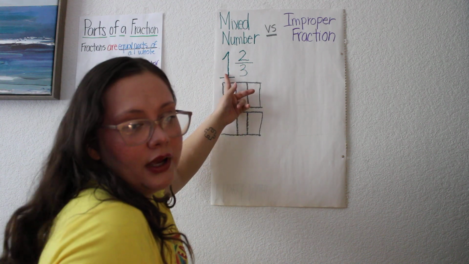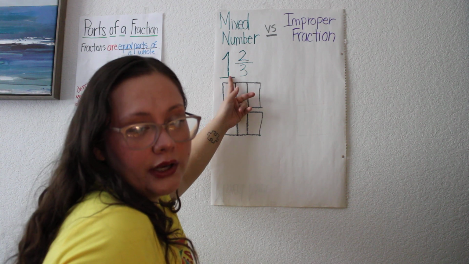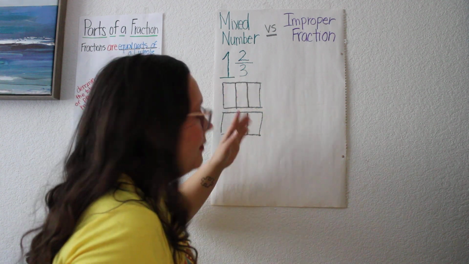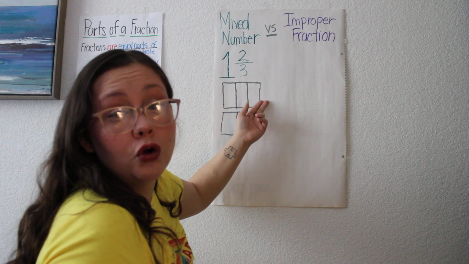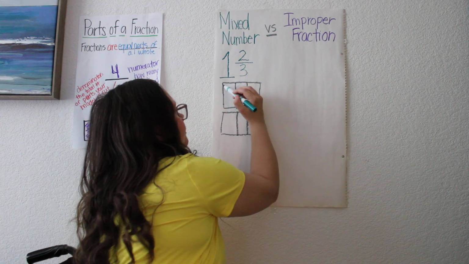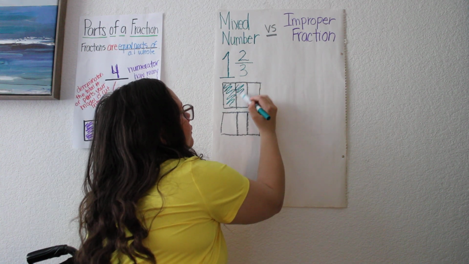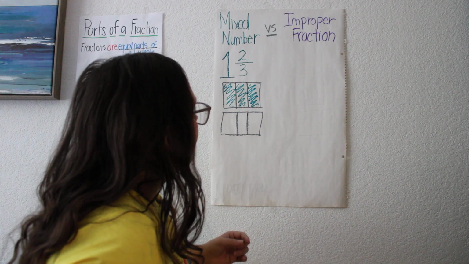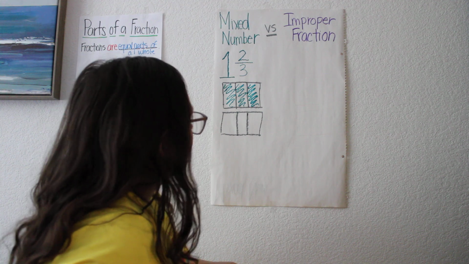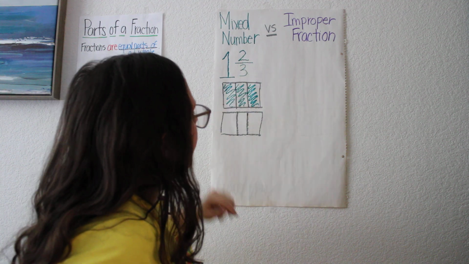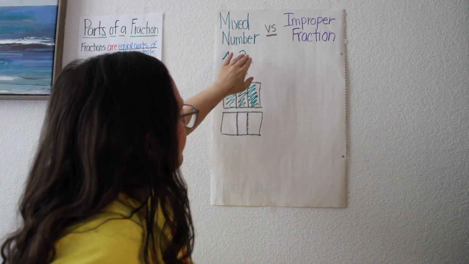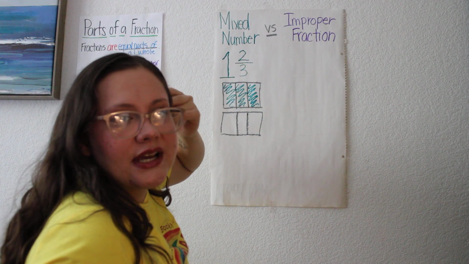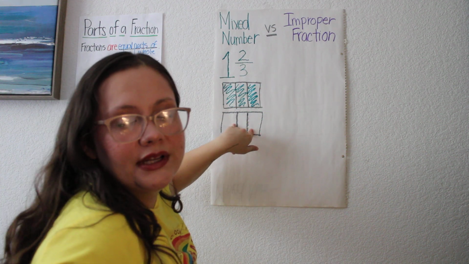This big 1 tells me that I'm going to have one whole entire thing shaded in. So I'm going to go ahead and shade one whole fraction model in. All right, now 2/3. To represent 2/3, I need to understand this model is broken into 3 pieces.